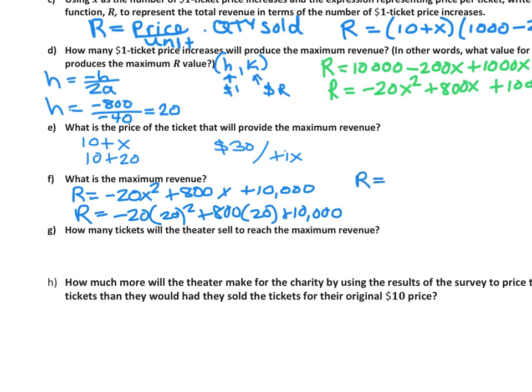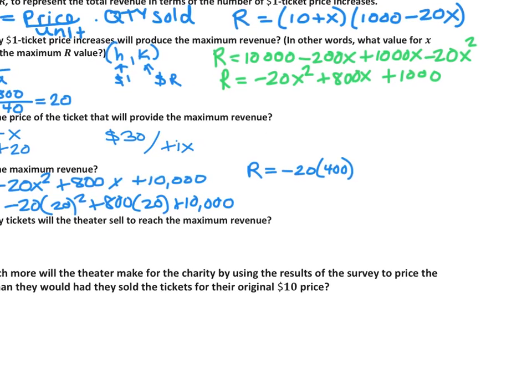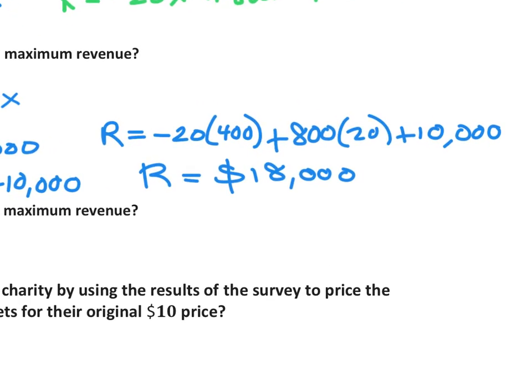And I'm going to move over here. I've got negative 20 times 400 plus 800 times 20 plus 10,000. And this all simplifies to a total of $18,000 in revenue.